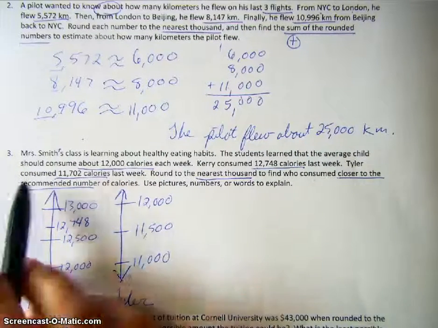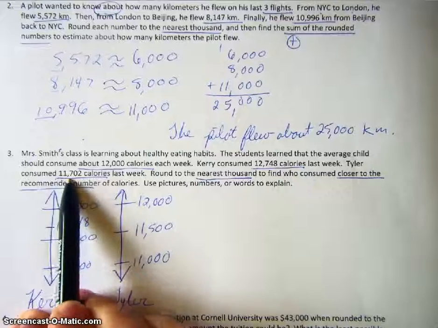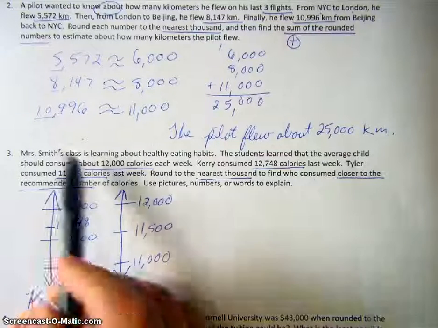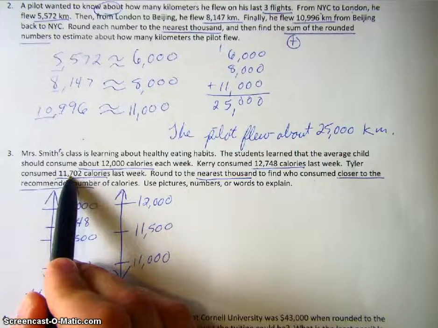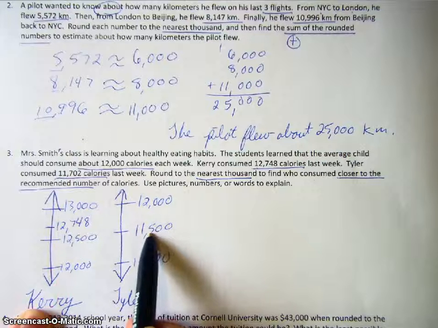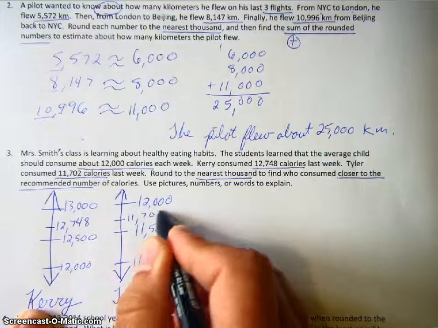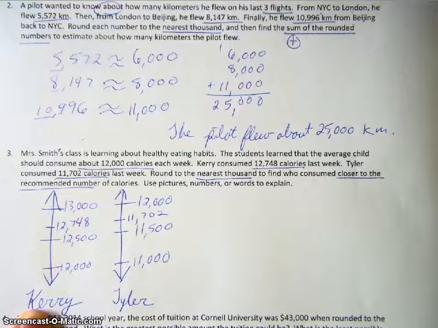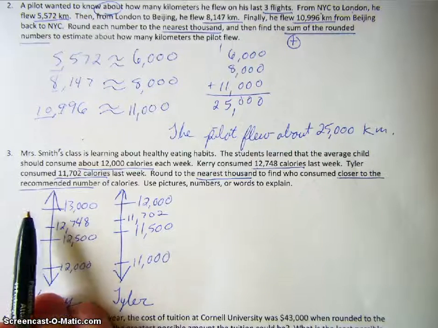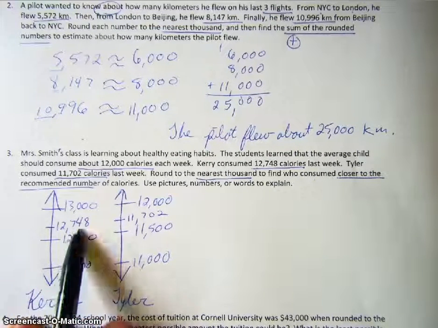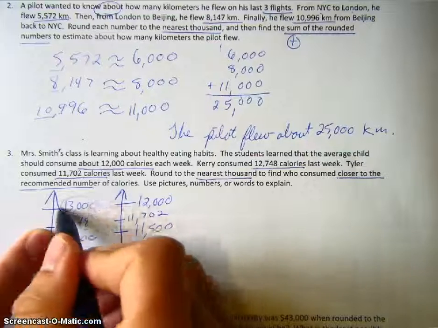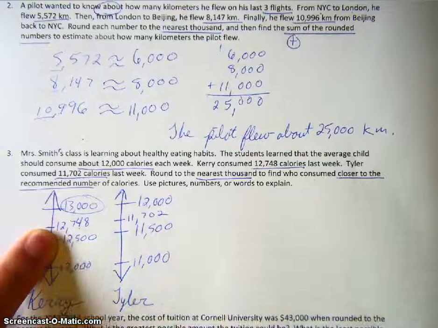Now we look at Tyler, and Tyler consumed 11,702. So we look at that 7 in the hundreds place, which is more than the 5 here. So Tyler's number would go here. Now we look at the numbers. Carrie obviously is going to round up because he's past the midpoint.